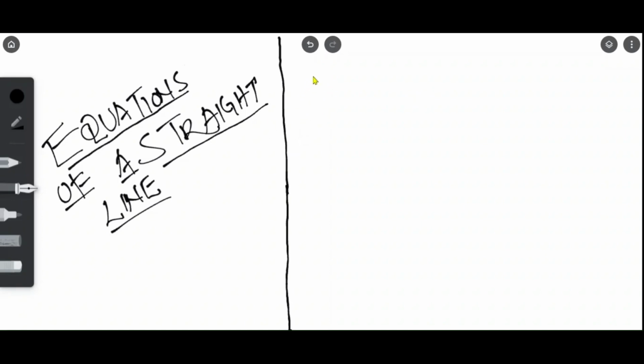The first thing is I'll have a subtopic here that is known as gradient. I will define for us what is gradient.